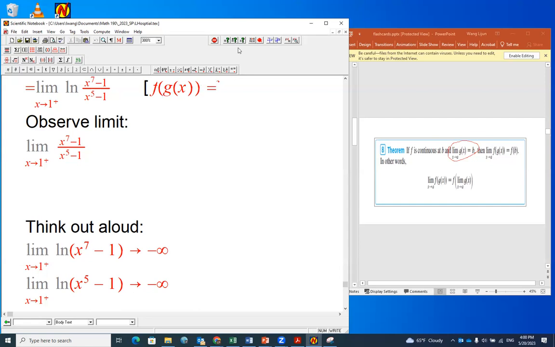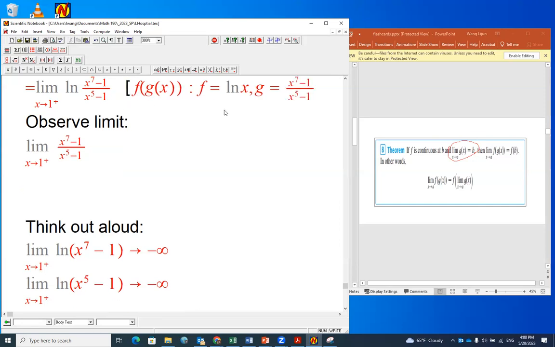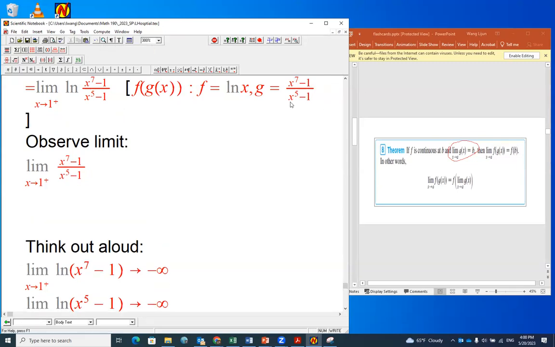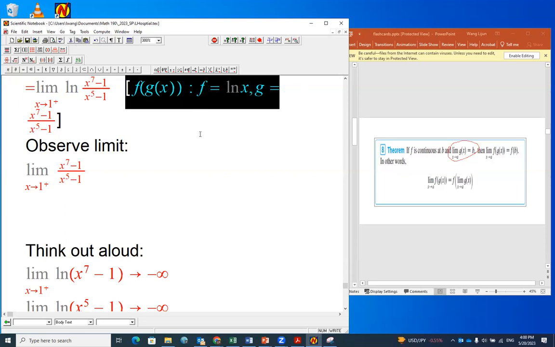The f here is ln x, and the g is this piece. So be careful that when we are applying these rules, we really need to know the contents of our functions.